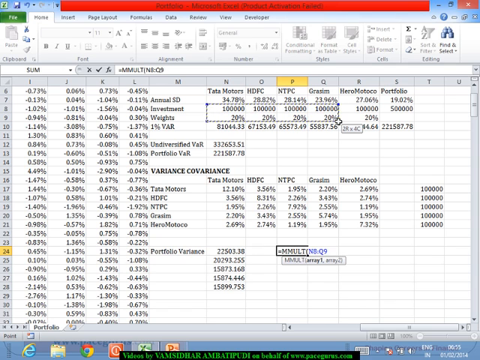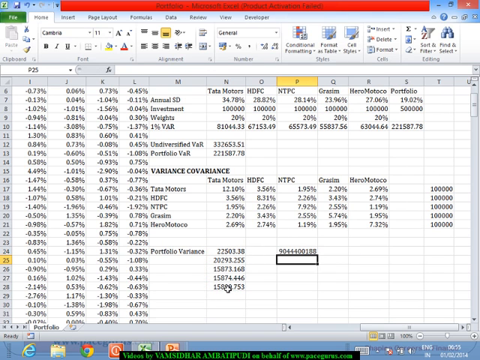So I can simply select this as one array, this as the other array, and say this is my portfolio variance. So from here I can find out the portfolio standard deviation, which is nothing but the square root of the above number. So this is the portfolio standard deviation.